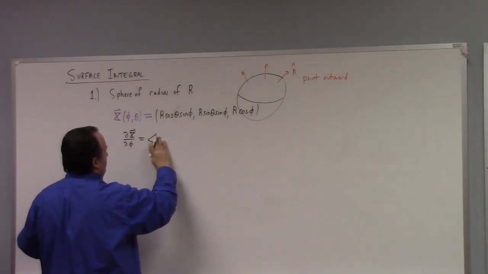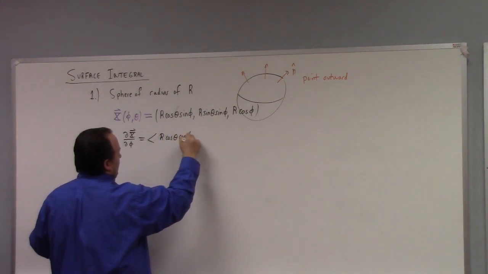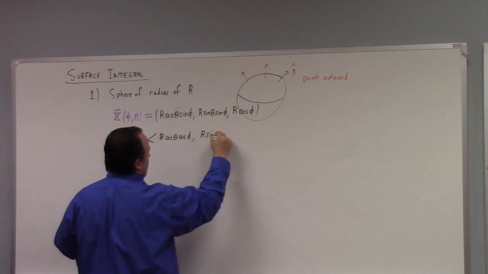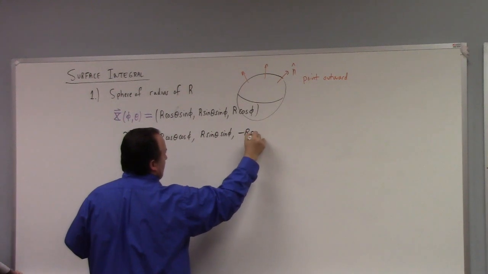We've got r cos theta cos phi, r sine theta cos phi, minus r sine phi.